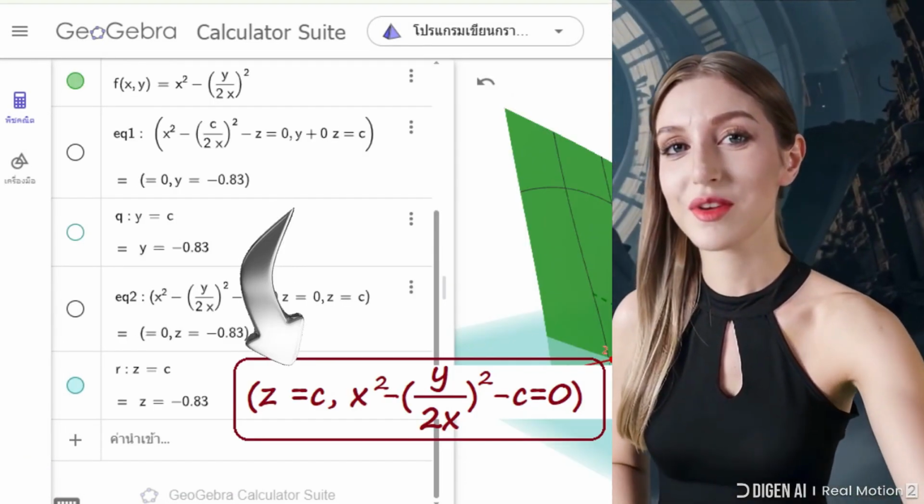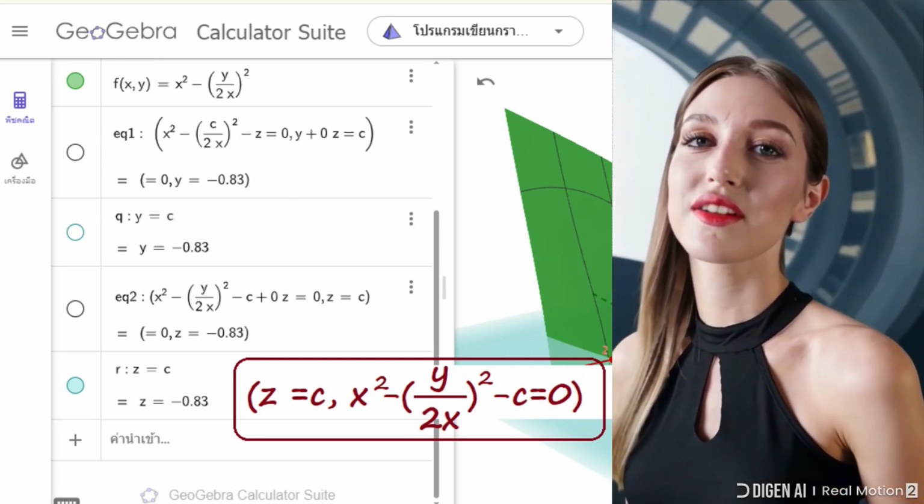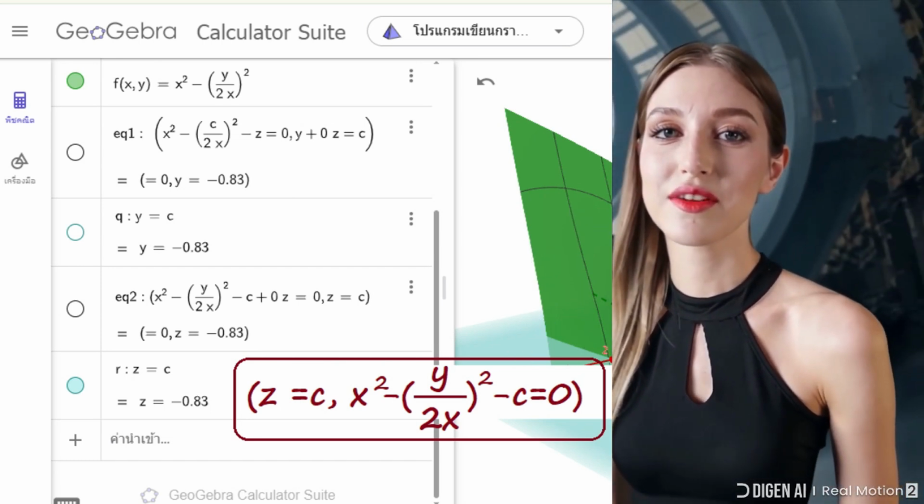Create the plane z equals to c, intersect with the complex surface by substituting z with c. We get the intersecting curve line.